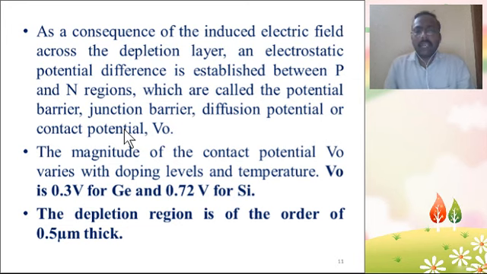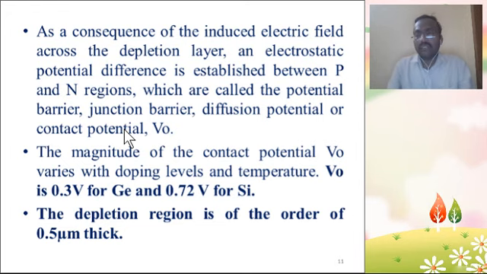Generally, the magnitude of the contact potential depends on the doping level and the temperature. In this case, the contact potential V0 is 0.3 volt for germanium and 0.72 volt for silicon.